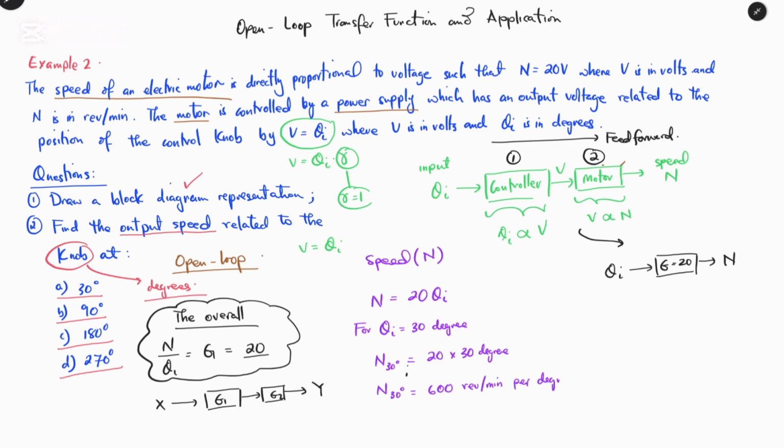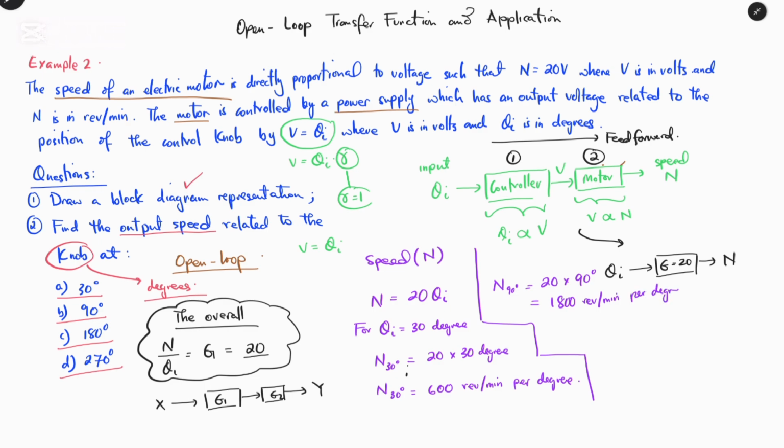And now we can continue to substitute to find for 90 degree, we have 20 times 90 degree. We should have 1800 revolutions per minute.